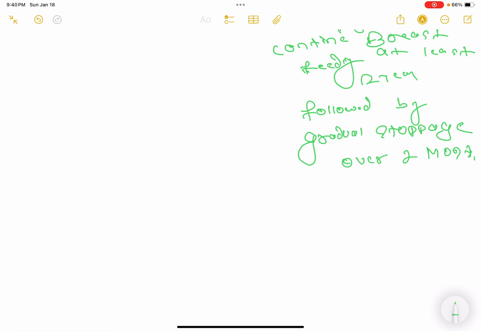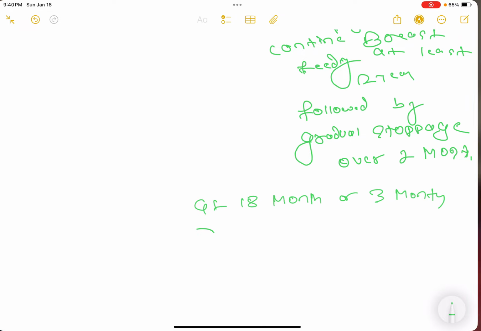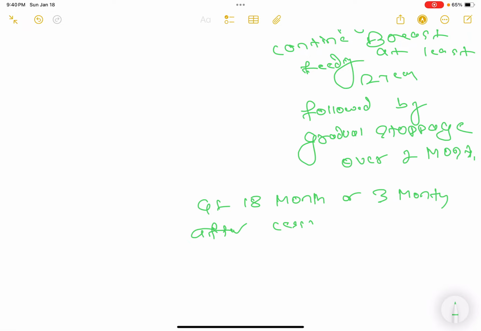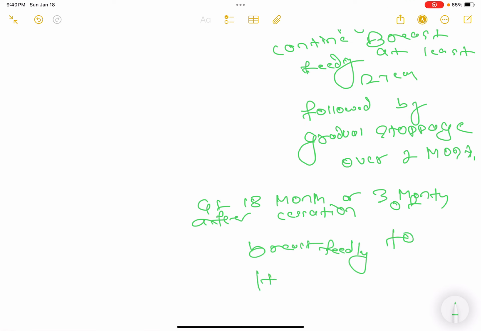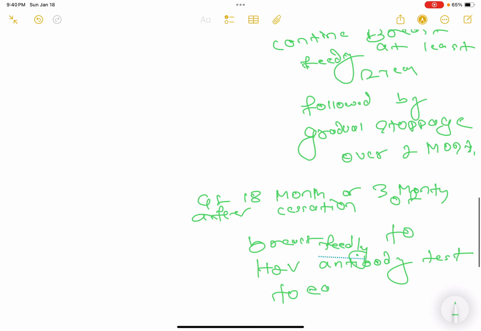We have 3 rapid tests to confirm the diagnosis.